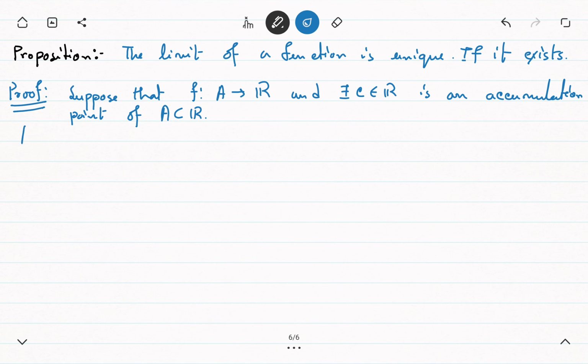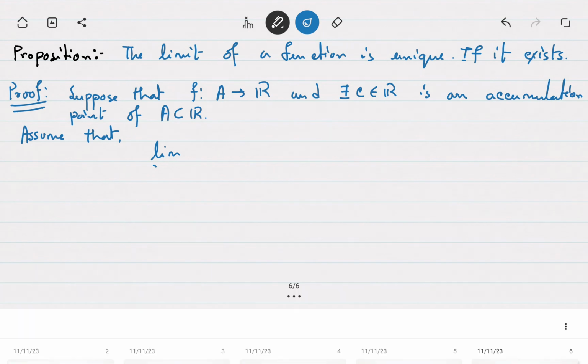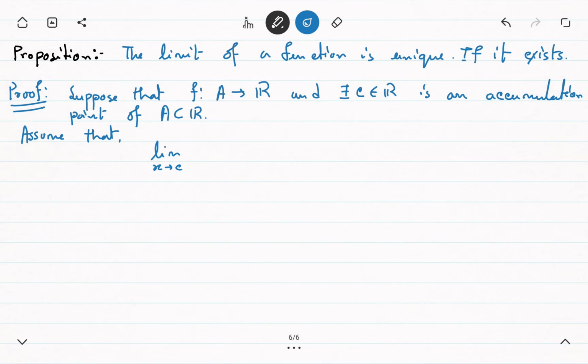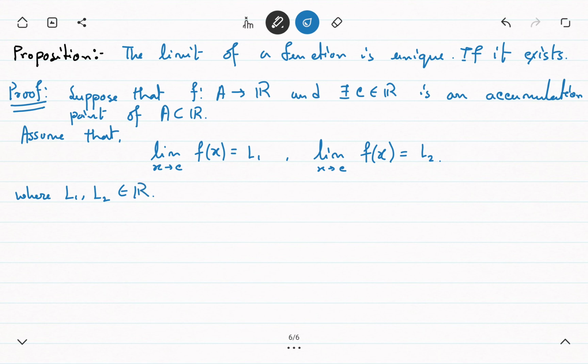Assume that the limit as x tends to c of f(x) equals L1, and the limit as x tends to c of f(x) equals L2, where L1 and L2 belong to the real numbers.